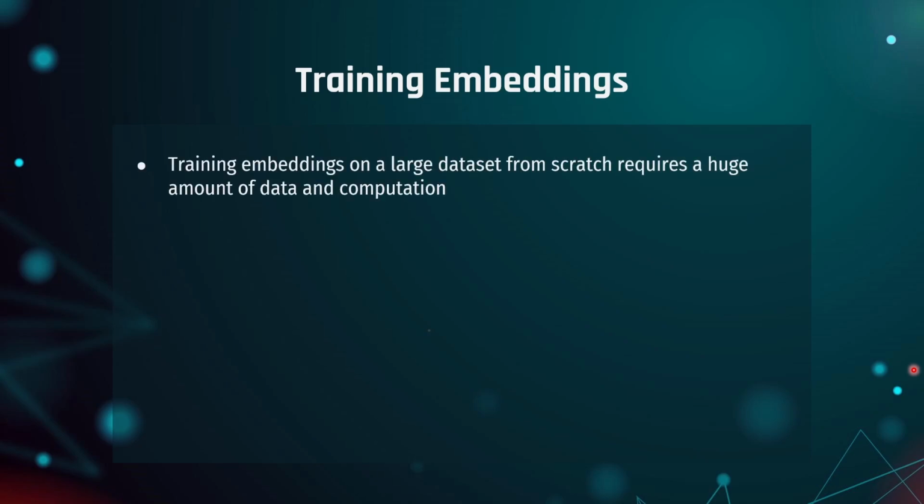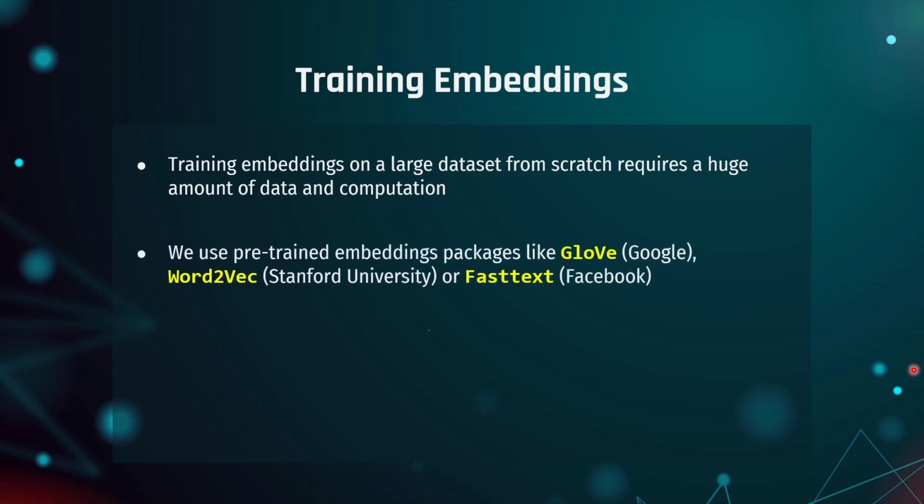Training embeddings on a very large data set from scratch requires a huge amount of data and computation, right? So আমাদের জীবনকে সহজ করার জন্য we use pre-trained embeddings packages like Glove by Google, or say Word2Vec from Stanford University, or fast text from Facebook.